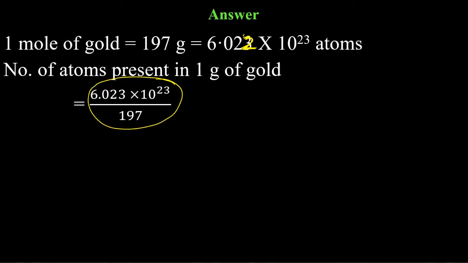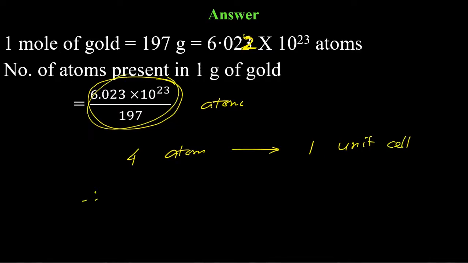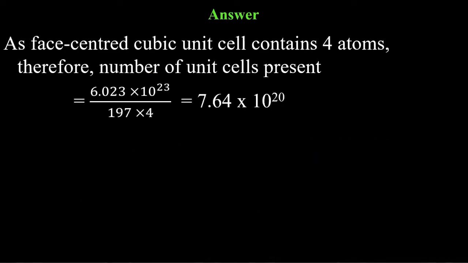4 atoms constitute one unit cell. Hence, these many atoms will constitute, by the unitary method, we will divide it by 4. These many unit cells are there.